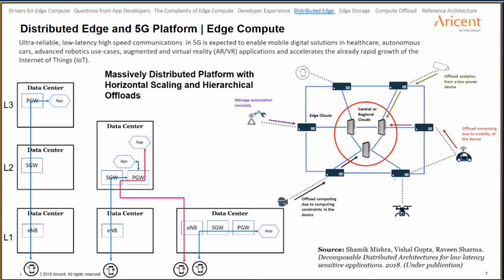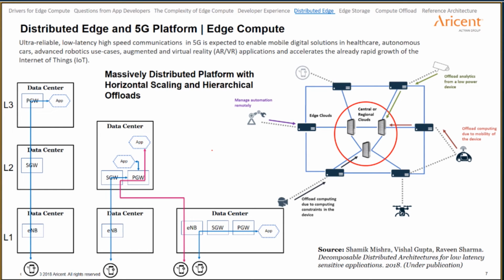Say, for example, a drone flying all over the Bay Area or a certain city, and you start moving applications as it hands over from base station to base station, it's going to be a nightmare. So if it can handle 60 or 70 or maybe 100 milliseconds of latency, then it's a good idea to push that application back towards the layer 2 or layer 3 data center, and you can avoid this continuous workload migration.